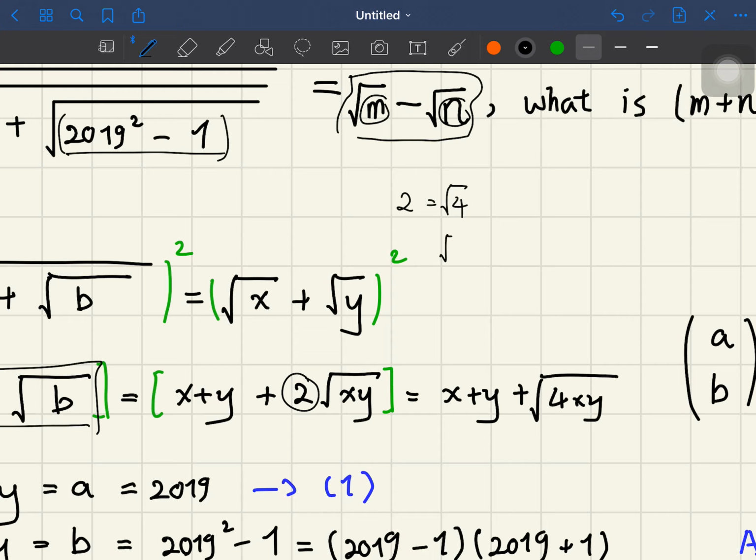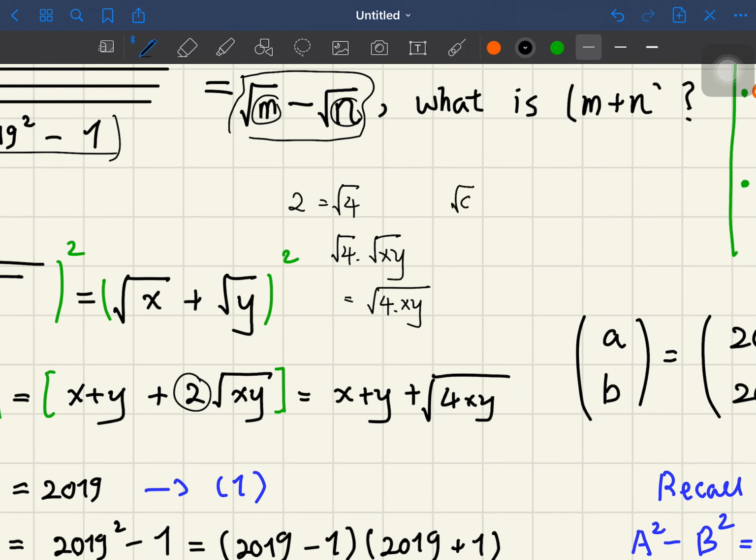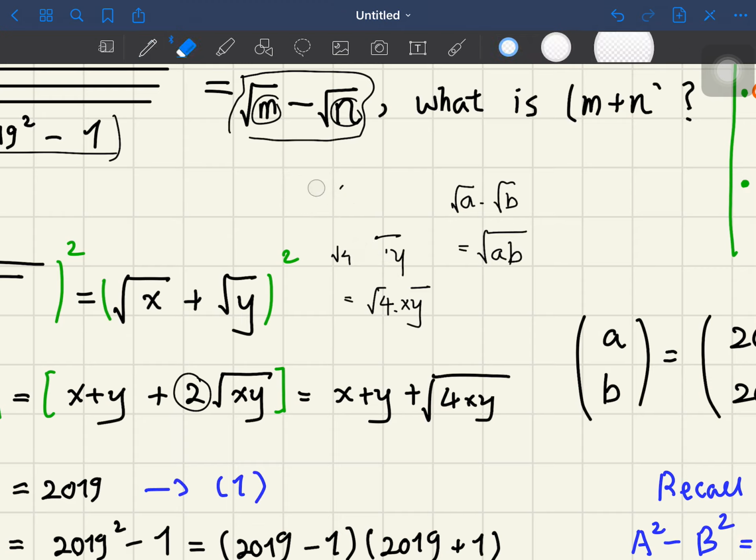And well, the square root of 4 times the square root of xy equals the square root of the product. Which means if you have a square root of a times a square root of b, then it equals the square root of ab. This is one of the most important surd laws, a rule that you have to know.